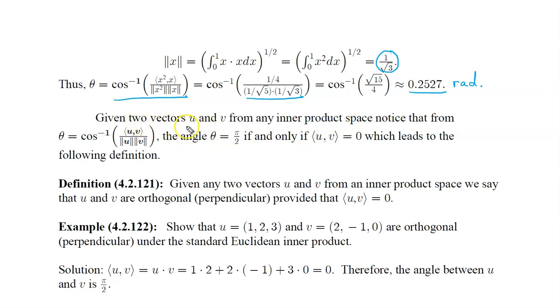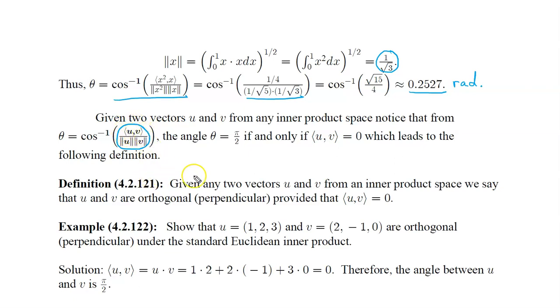All right, now let's take note of this down here. So if we're given any two vectors u and v from an inner product space, notice that from this equation right here, the angle theta is 90 degrees, or pi/2, if and only if what is inside here is equal to 0. And the only way this can equal 0 is if the numerator is equal to 0.